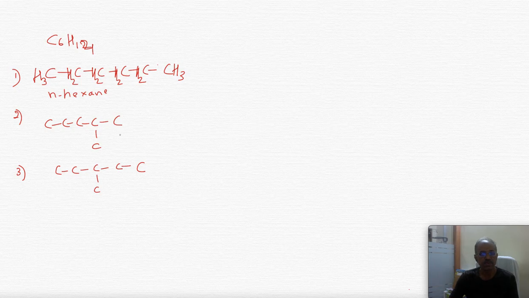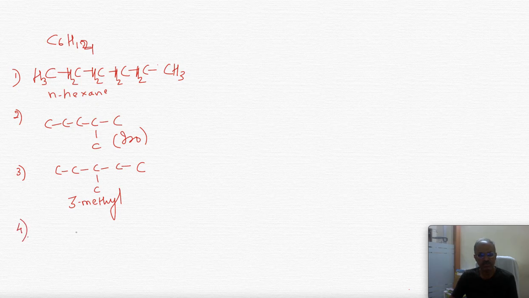That means this is 2-methyl, so I can say this is iso, because 2-methyl is iso, if you know. And this happens to be 3-methyl. This is 2-methyl, this is 3-methyl.